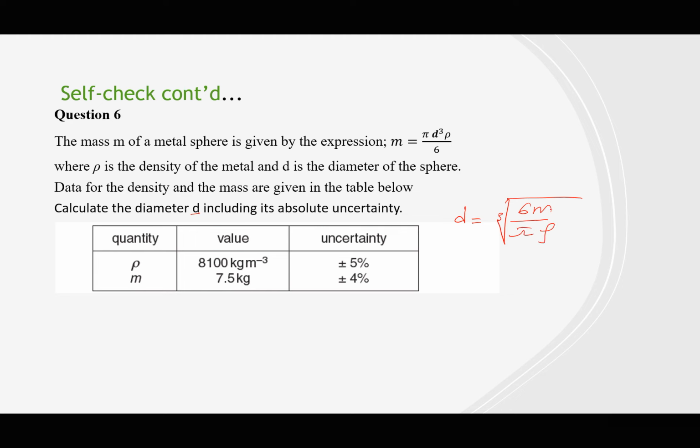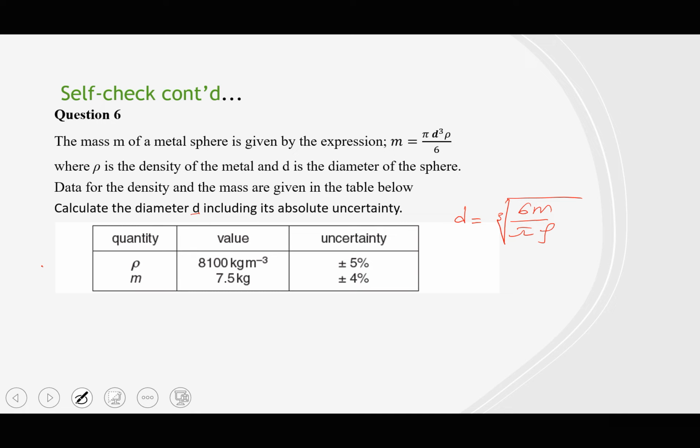Because m has been given with its uncertainty, and rho has been given with its percentage uncertainty, then remember the rules of the power, the rules of the root, the rule of division, and the rule of the constants, and you should be able now to come up with the diameter and its absolute uncertainty. I think you should be able to do this, and when we meet, you must be able to submit that work.